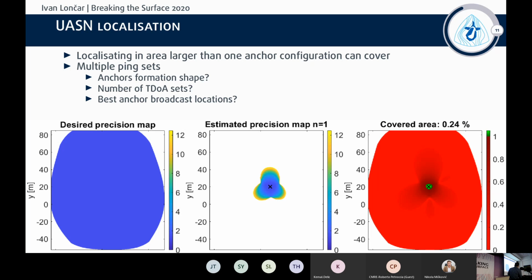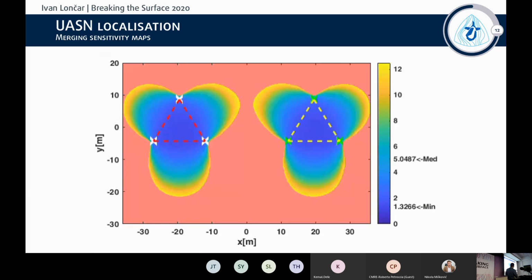The right figure shows in green the area which achieved the desired precision, and the area in red shows the area where we didn't. And the darker the red, the closer we are to our threshold of the desired precision. But first, we need to find a way to combine those multiple maps.